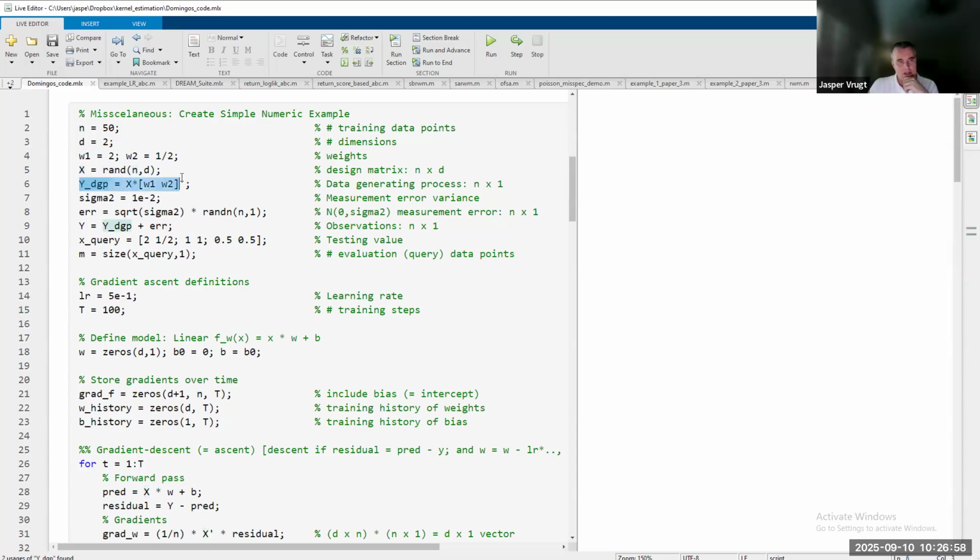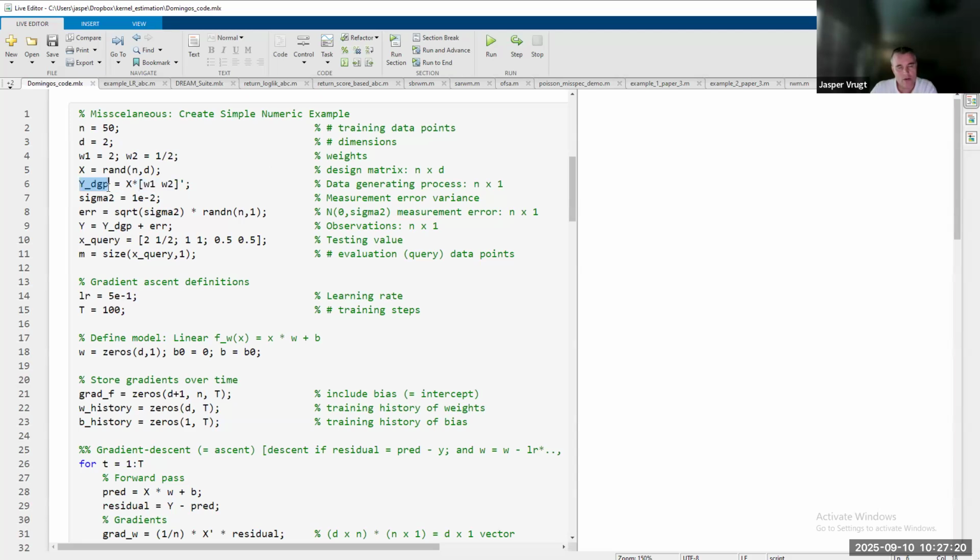Now I have my data generating process where, in linear algebra, I just multiply the n by d matrix with a vector that is 2 by 1. So I get 50 by 2 times 2 by 1. Inner dimensions match. End result is 50 by 1.